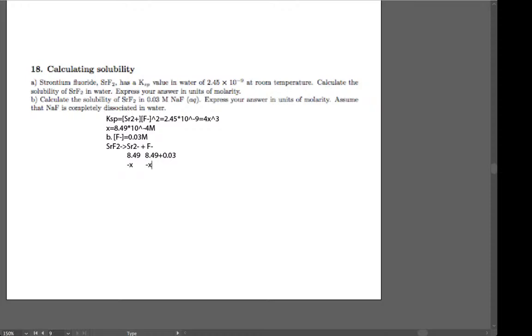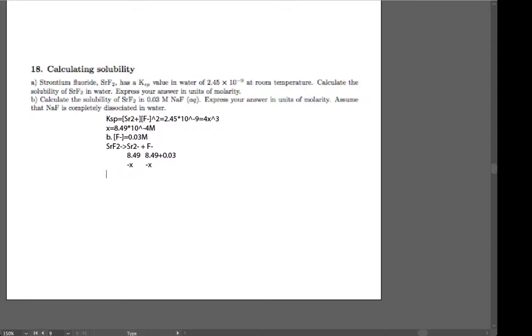Oh, that NaF is already in the solution. So the SrF2 is just a solid that you put inside that liquid, which includes NaF. Oh my gosh, my brain just got exploded. So we can just find out what the X is.